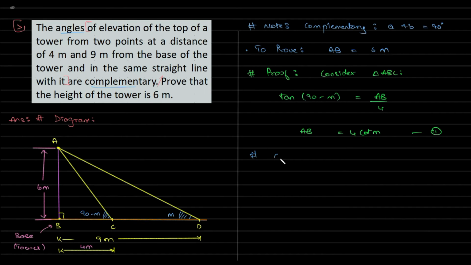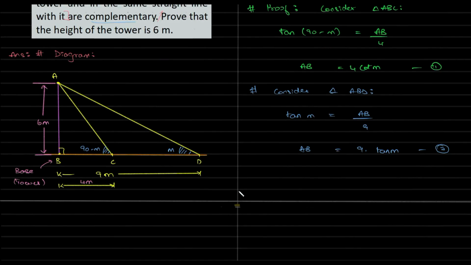Next, consider triangle ABD. Here too, tan of M is opposite by adjacent. So AB is equal to 9 times tan M. We'll call this equation 2.